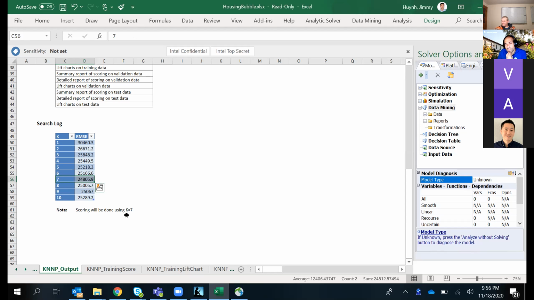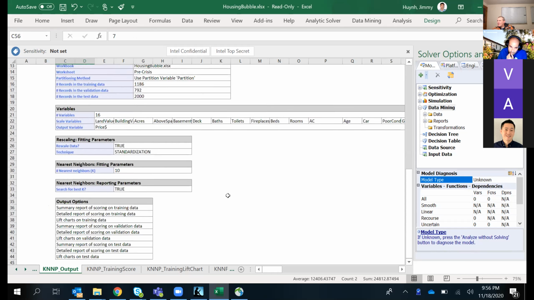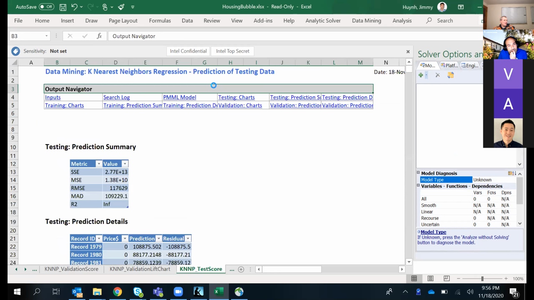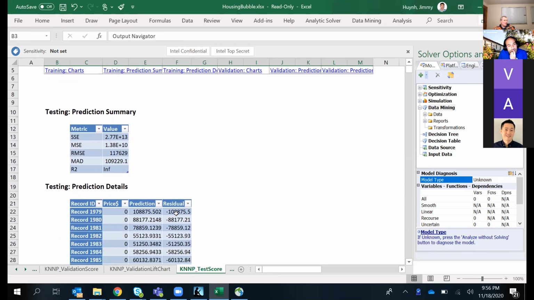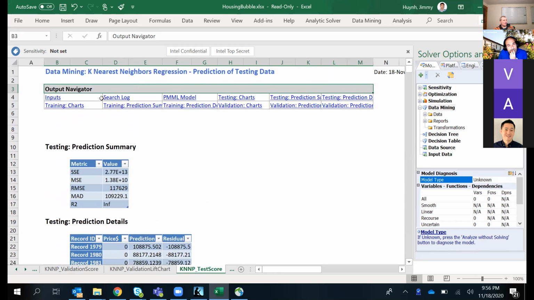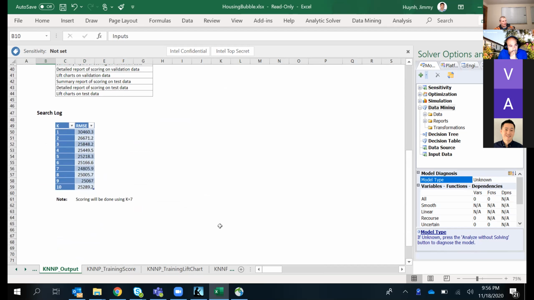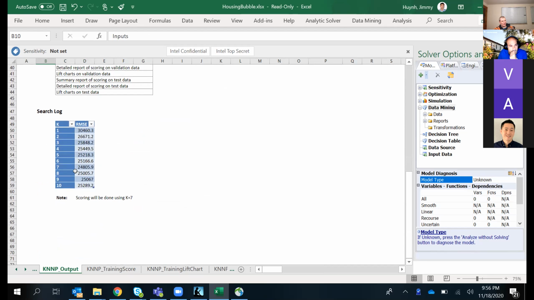Yeah, it's 7. And then it's asking to use kNN with the value of K that minimizes RMSE on the validation set to predict sale price of a house in the test set. That is done for us automatically. If you go back to the input chart and scroll down to the kNN table, beneath that table it says note the scoring is done using K=7.